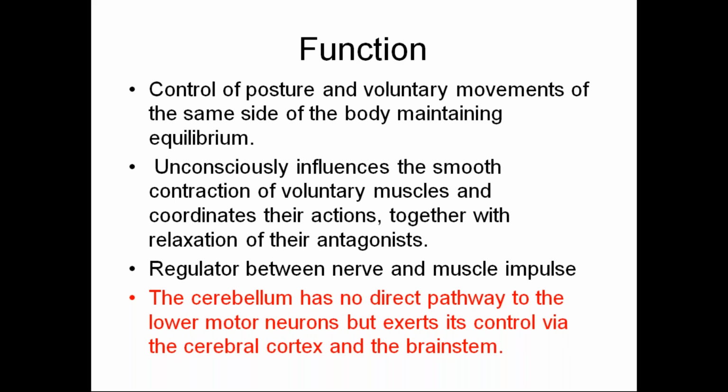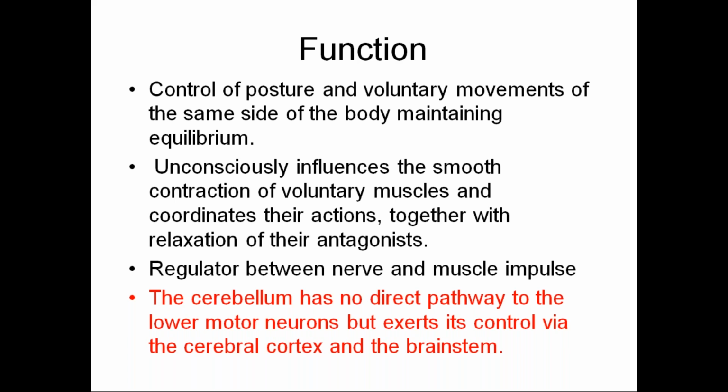When we have to pick up a glass to drink water, our muscles are all acting together. There's no jerk, there's no discrepancy in the movements. It's a smooth flowing movement which is helping us do these motor activities. So it is helping the regulation between nerve and muscle impulses.